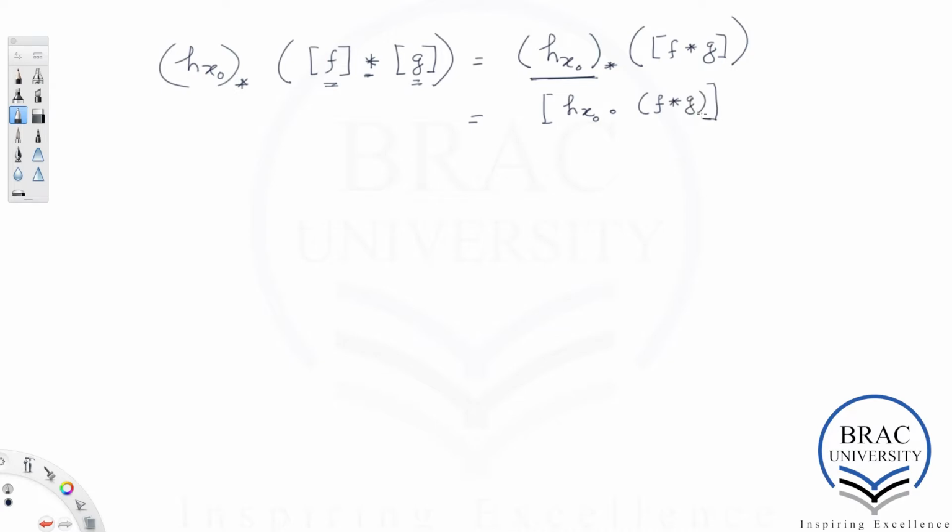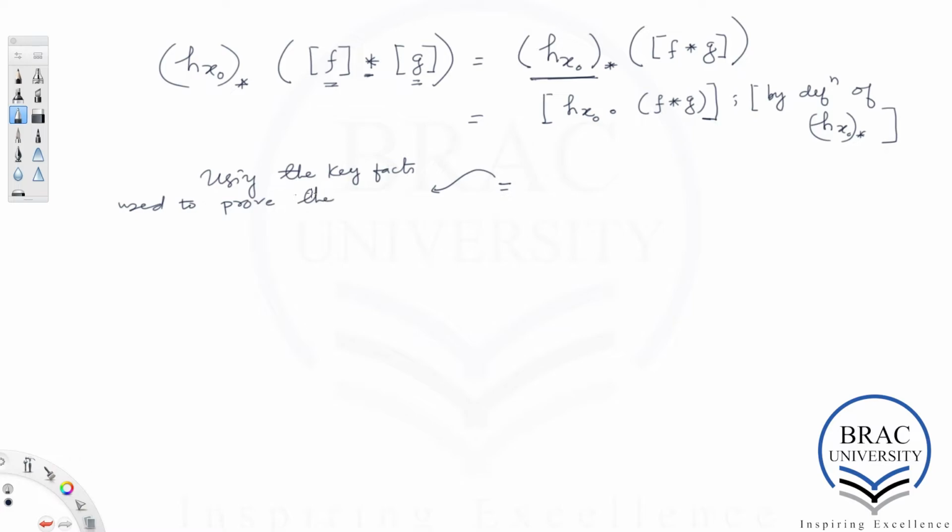Then, using the key facts used to prove theorem 1 in lecture 1 again, this is the class of h sub x0 composed with f, star, h sub x0 composed with g.